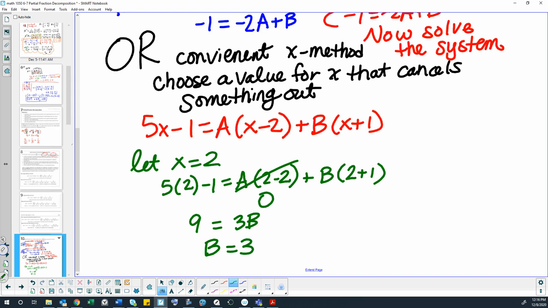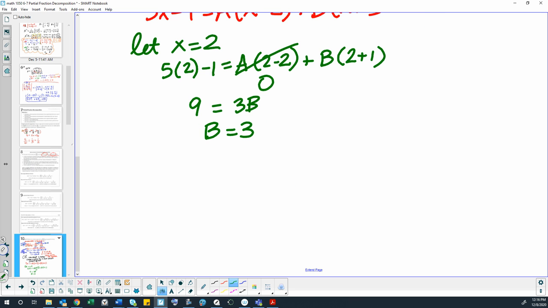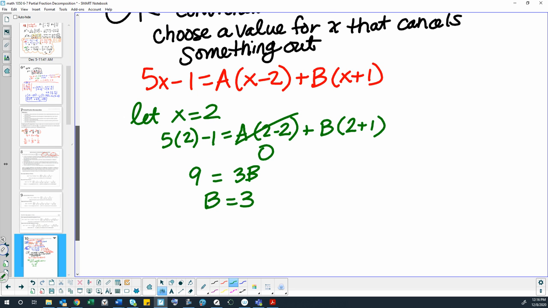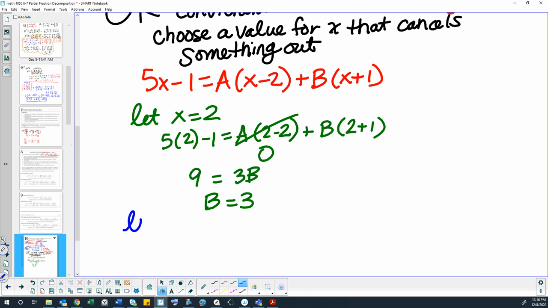I don't need to solve my system of equations from the previous method because I have done that part. Okay, let's do a this time. What do you think? I'll let you guess what this one should be. Yes, let x equal -1. Perfect.